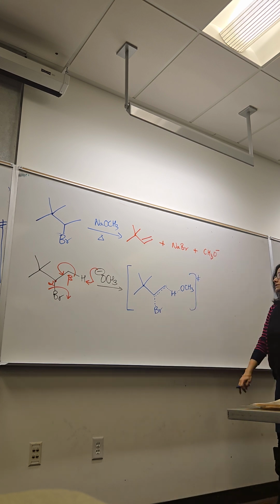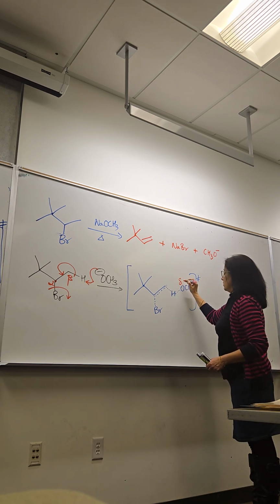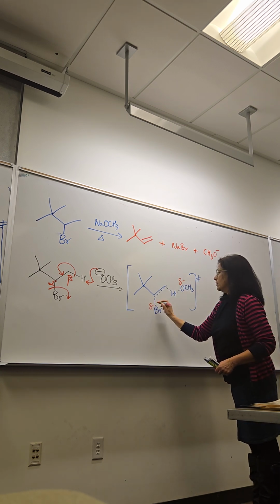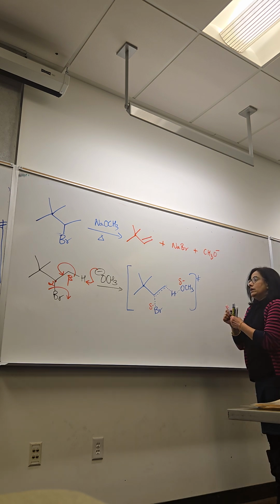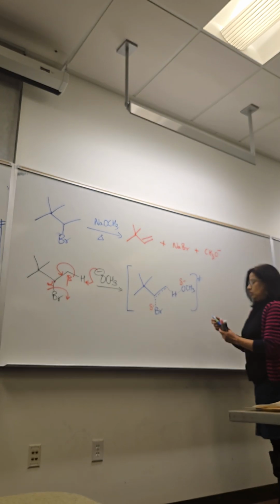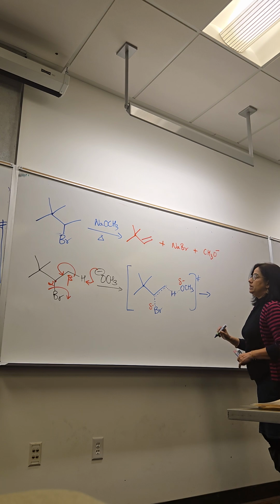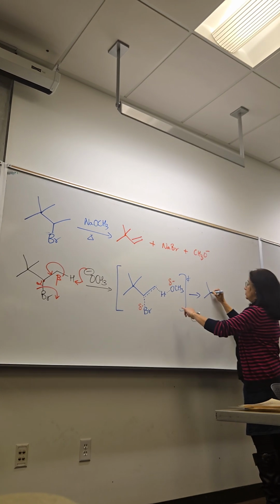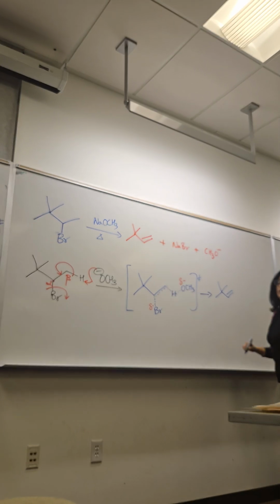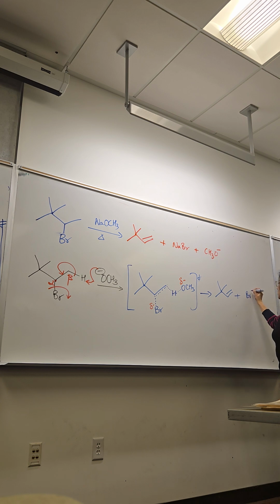What are the charges and where? Partial negatives on the oxygen for the OCH3 and the bromide. Good. And then when it goes through, what is left behind? Well, that becomes the product. Br becomes Br minus.